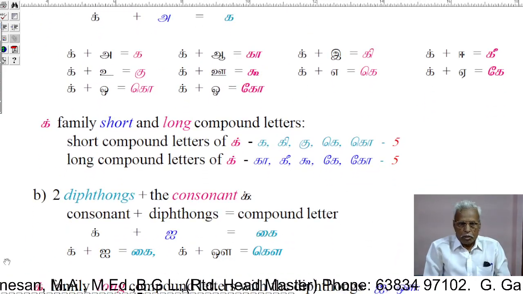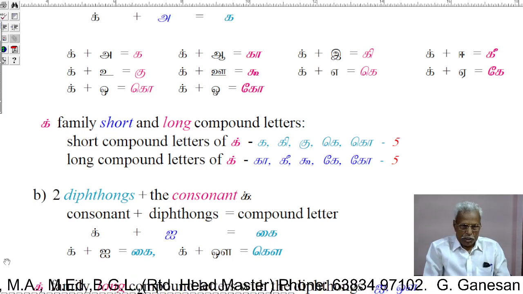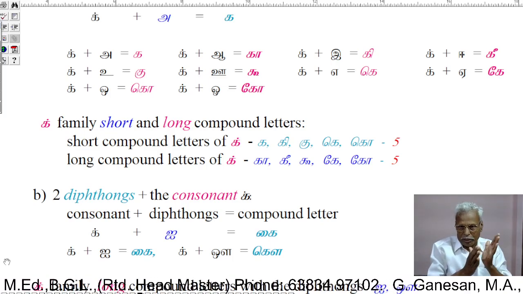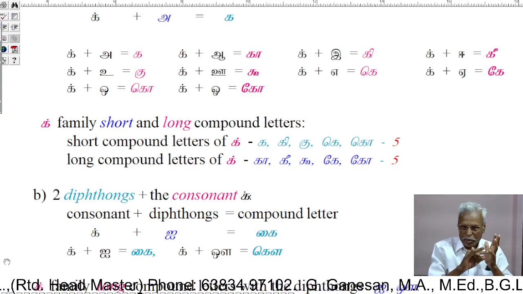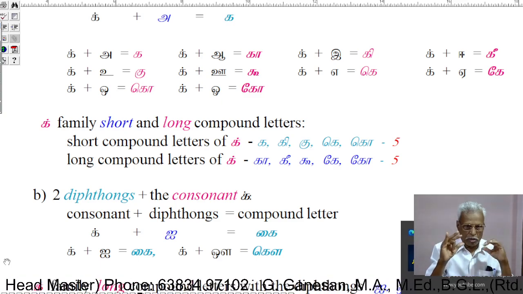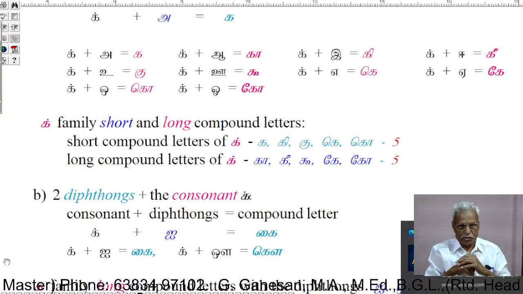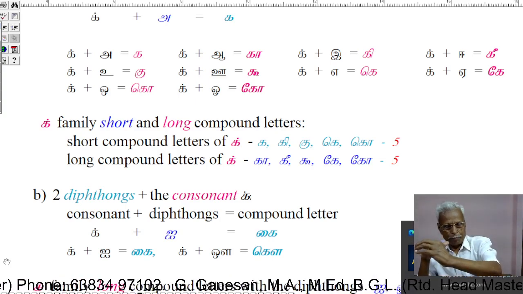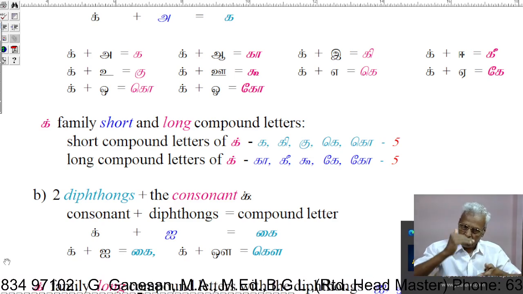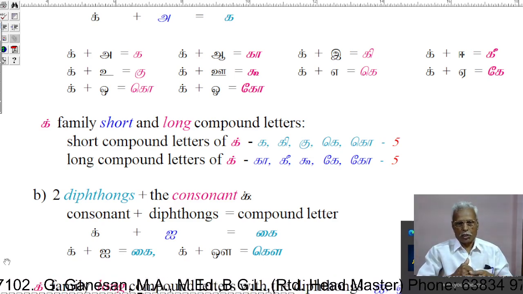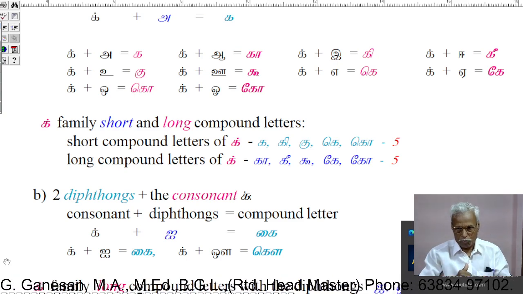Ik family, short and long compound letters. In the ik family, see how the vowels combine with ik, forming the 10 compound letters. Out of the 10 compound letters, 5 are short compound letters and 5 are long compound letters.